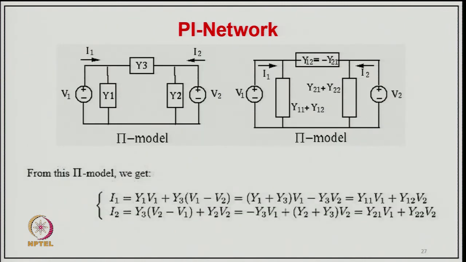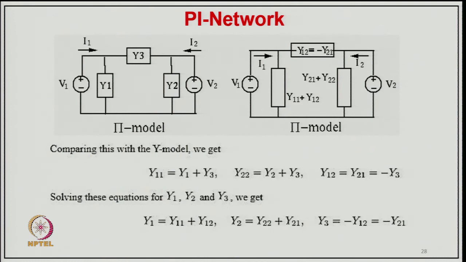From this pi model we can get I1 equal to Y1 V1 plus Y3 (V1 minus V2), equal to (Y1 plus Y3) V1 minus Y3 V2, that is equal to Y11 V1 plus Y12 V2. Similarly I2 is equal to Y3 (V2 minus V1) plus Y2 V2, and in terms of V1, V2, that is minus Y3 V1 plus (Y2 plus Y3) V2, equal to Y21 V1 plus Y22 V2, and then comparing these two we can find the parameters.